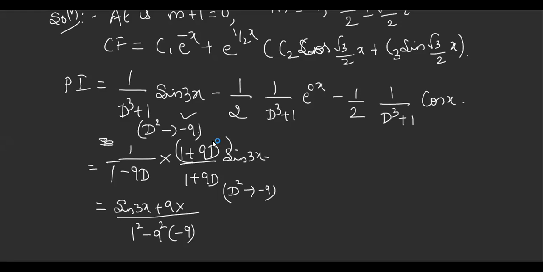Sine becomes cos, cos 3x into 3. What you said, 9 threes are 27, is also correct. This is done for the first term.